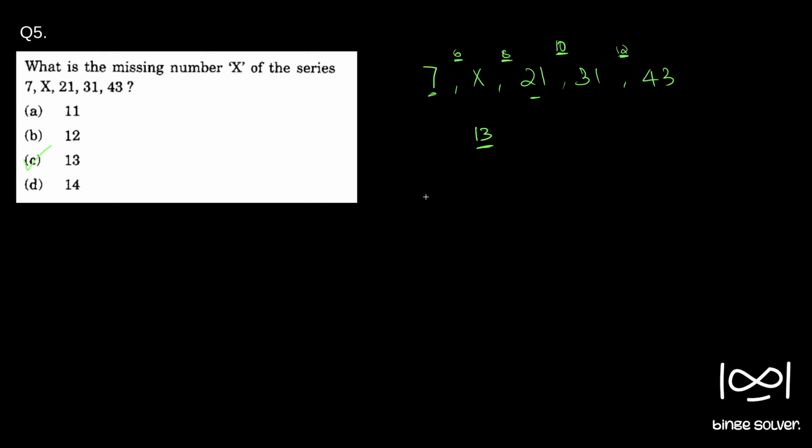That is, if you write 7, 13, 21, 31, 43 and take the difference between consecutive numbers, second number minus first, third number minus second, you get 13 minus 7 is 6, 21 minus 13 is 8, 31 minus 21 is 10, 43 minus 31 is 12.